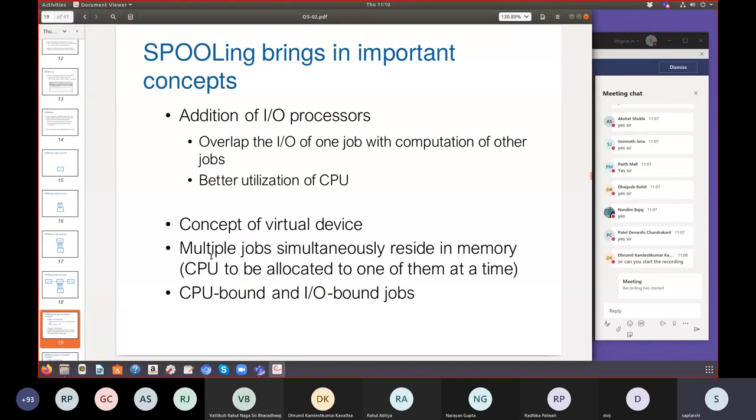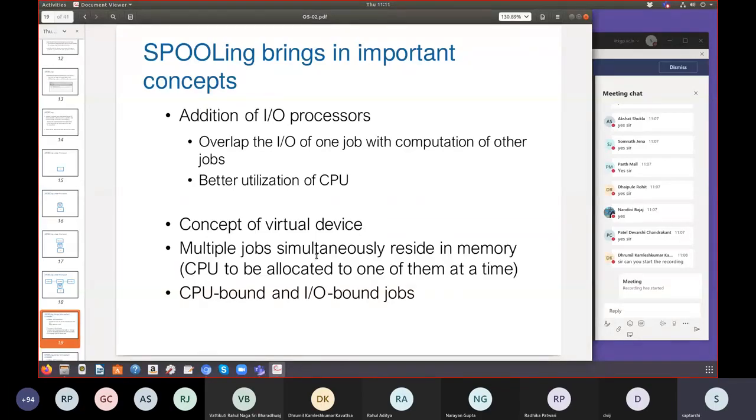But now we are seeing multiple jobs simultaneously residing in the memory, and the CPU allocated to one of them at a time. Say simplistically, there are two jobs in the memory, A and B, so that when A is doing IO, B can be assigned the CPU. So multiple jobs are residing in the memory, which was not the case earlier.